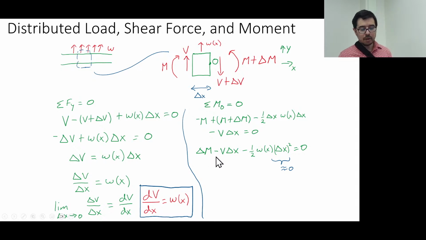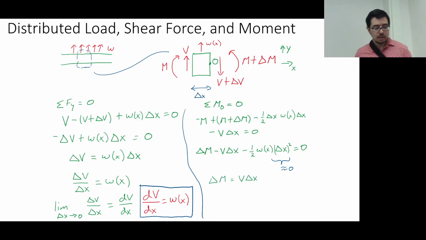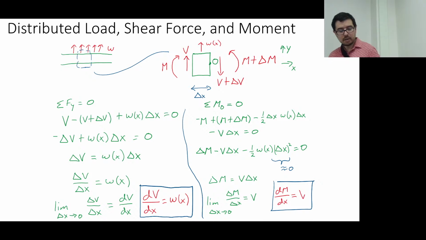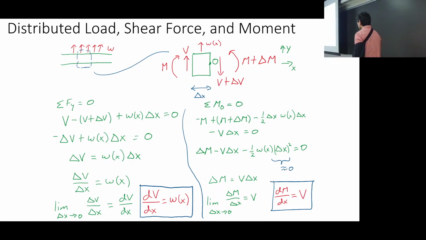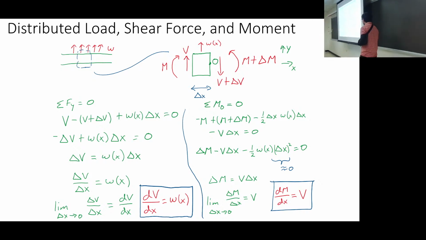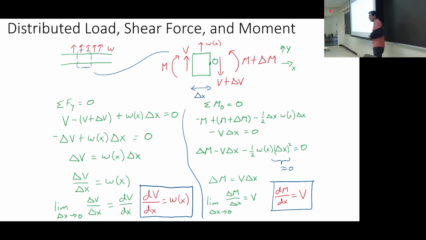Just a relationship between the change in the moment and V and some delta x. You've seen this before. Delta M is equal to V delta x, and in the limit as delta x goes to 0, we can write the other big equation from the previous slide: dM/dx, the derivative of the moment with respect to x, is equal to V.